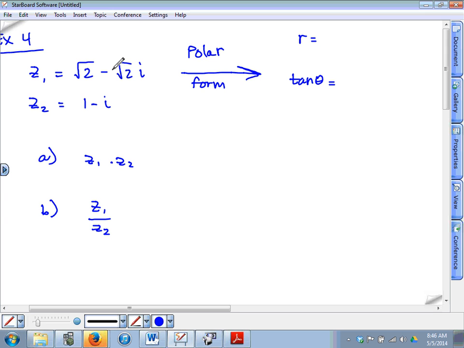Well, this one kind of turns out nice. This turns out to be the square root of the square root of 2 squared plus the square root of 2 squared. Well, it's really negative square root of 2 squared, but when you square something, it comes out positive anyway. What is this going to be? Square root of 4, which is 2. Well, that's super nice.